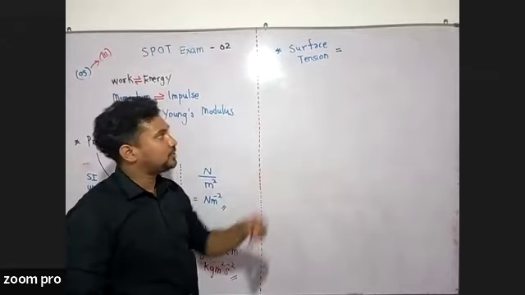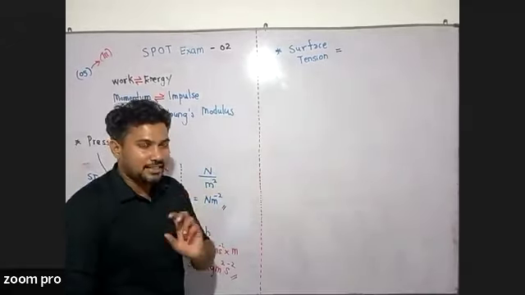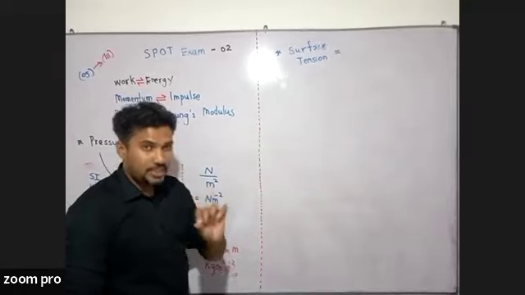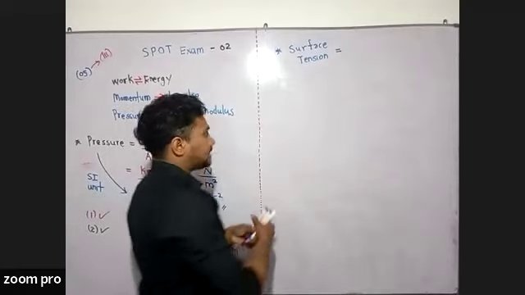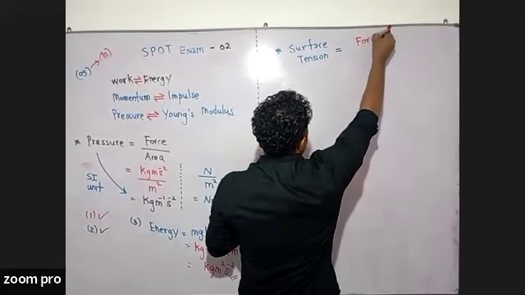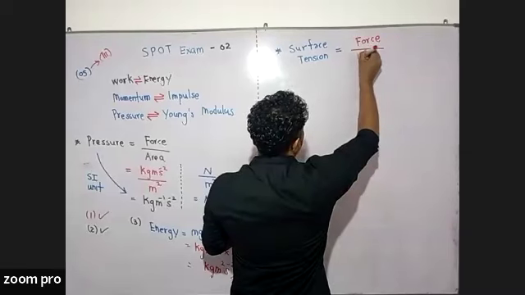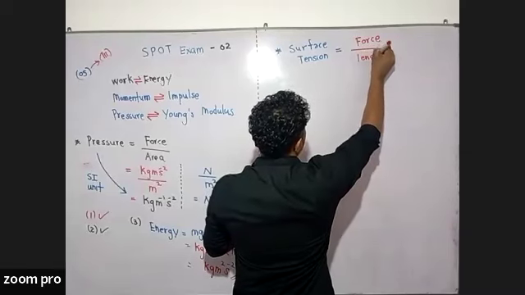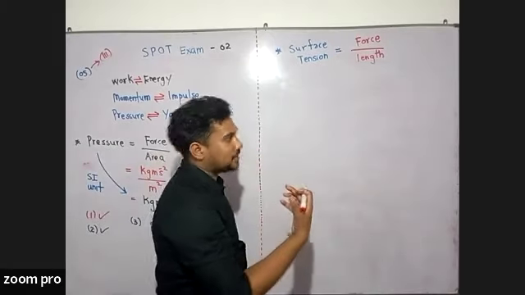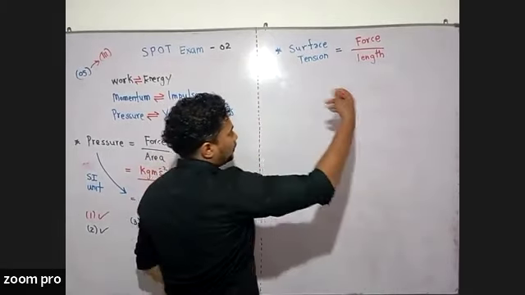So you will learn about it in future. Even so, keep in mind that I will tell you the unit of surface tension. Surface tension is obtained by force over length, right? So it's better to keep this equation in mind. Surface tension means force over length.